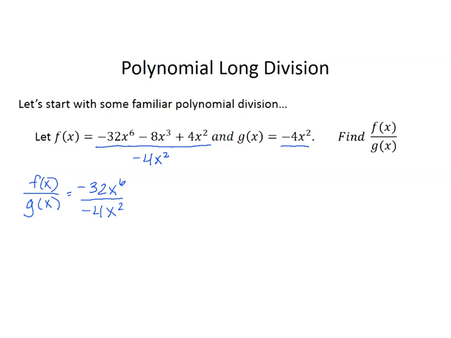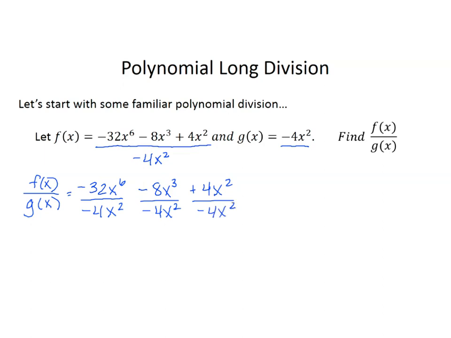And then we've got negative 8x cubed divided by negative 4x squared. And then a positive 4x squared divided by negative 4x squared.